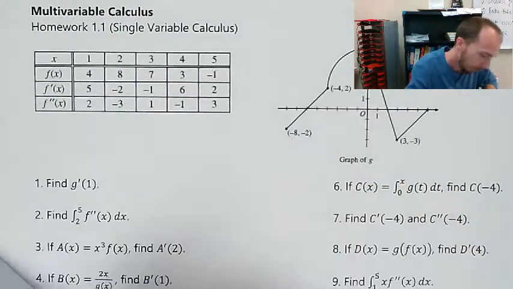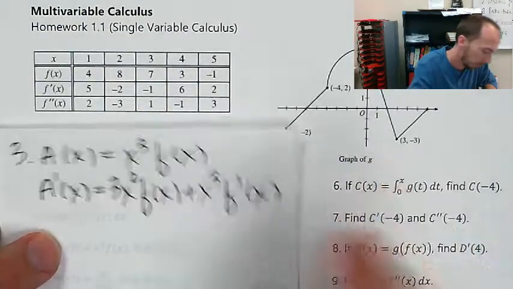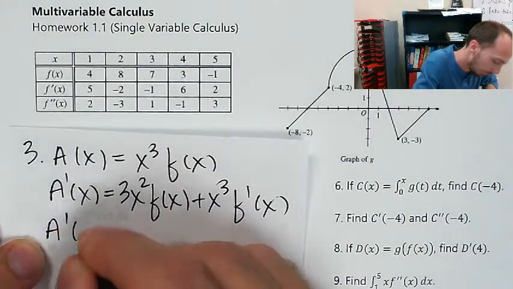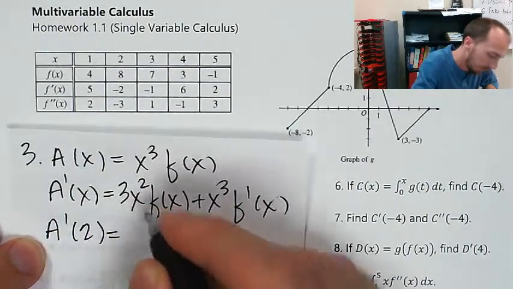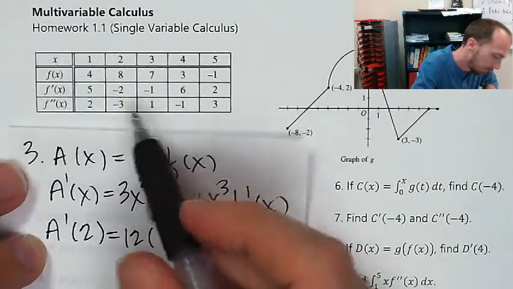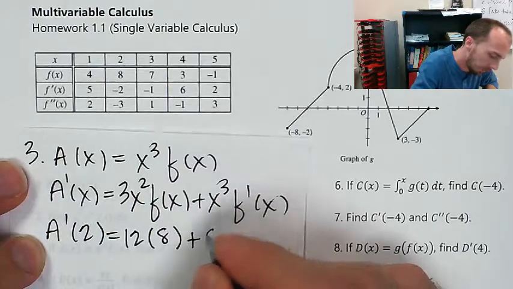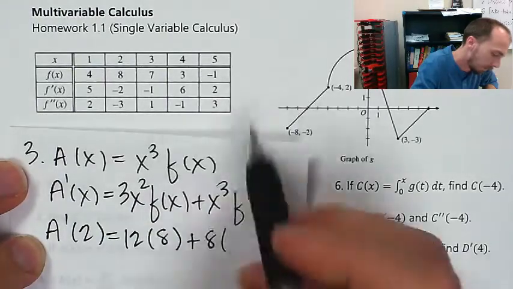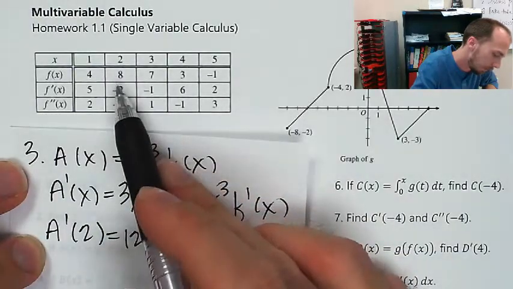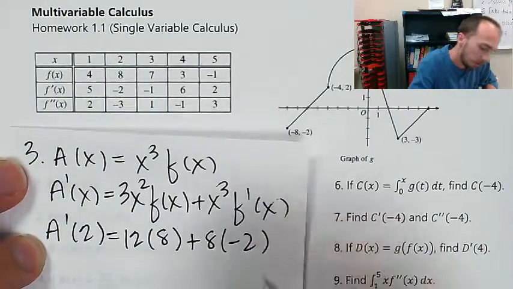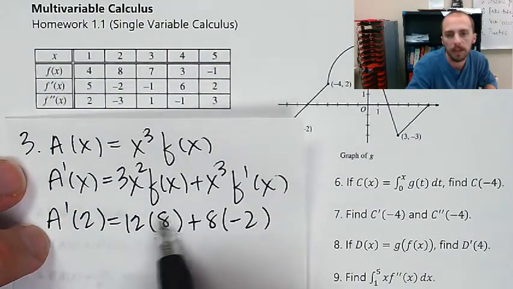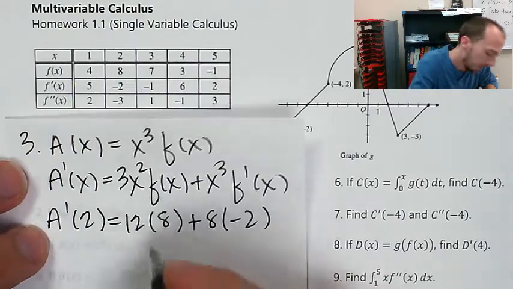Okay, so a prime of 2 is going to be equal to 3 times 4 is 12 times f of 2, which is 8, plus 2 to the 3, which is 8, times f prime of 2, which is negative 2. Okay, so that's 96 minus 16, which is 80.